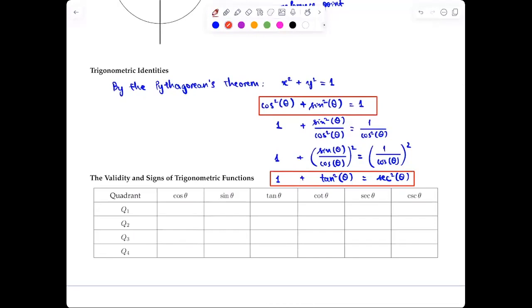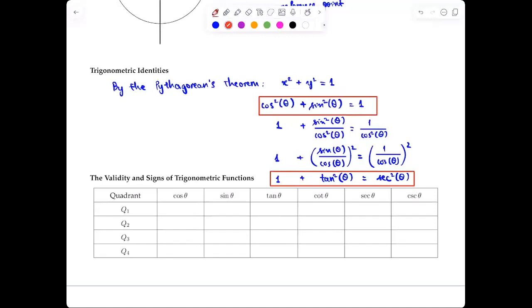There's another identity I want to show you here, also coming from this original identity that we have, cosine squared of theta plus sine squared of theta equal to 1. Now, for these derivations, what we did is we divided both sides by cosine squared of theta. For the next identity, what I want to do is divide both sides of this equation by sine squared of theta. Good.